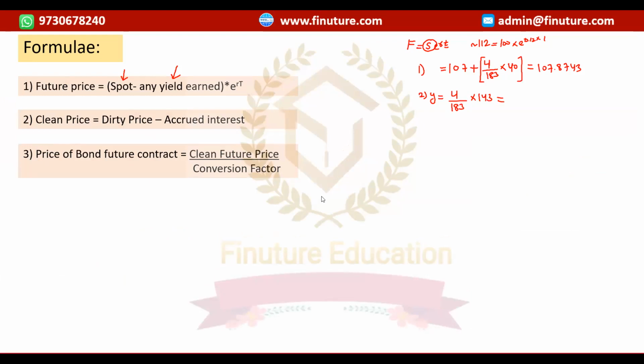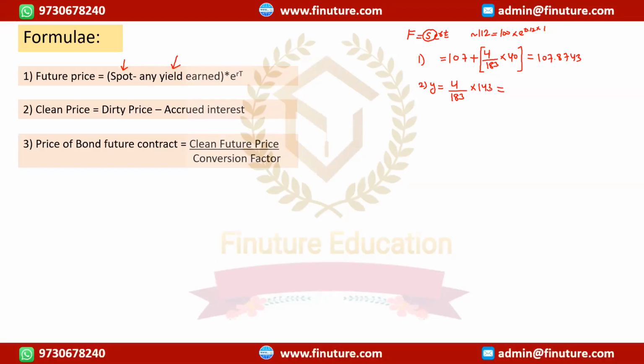So this number would be equal to, just give me a moment. And of course, we need to discount this number because we need to calculate it on the spot price. So this quantity has to be as on today. So this would be as on 143rd day. So I need it on today.